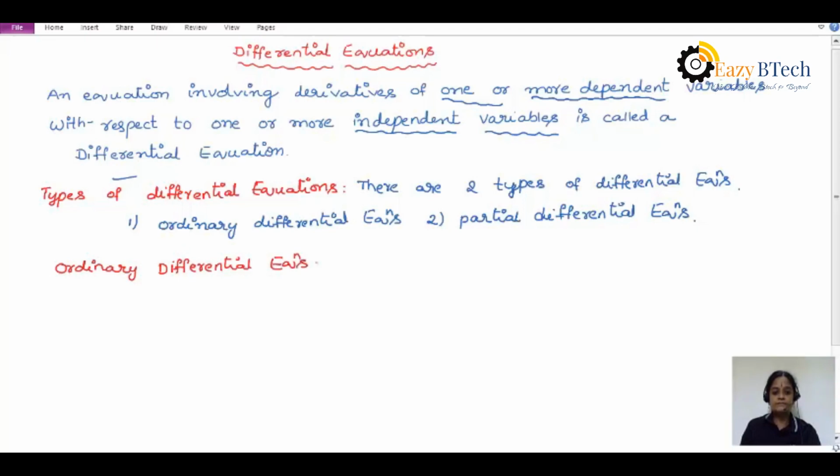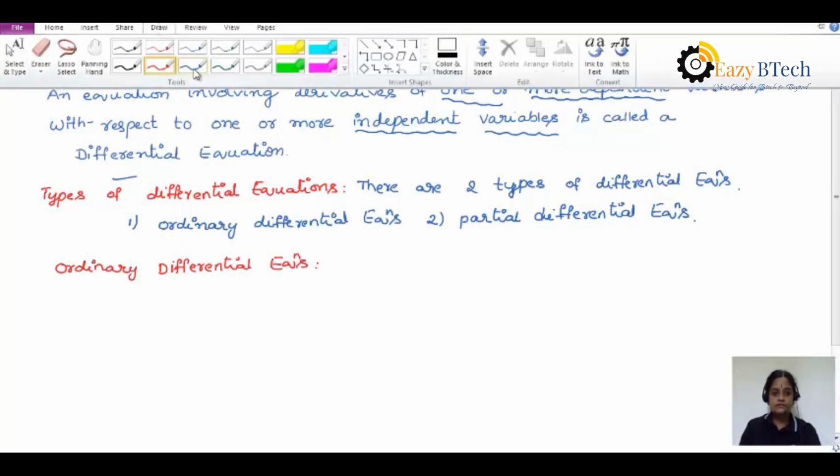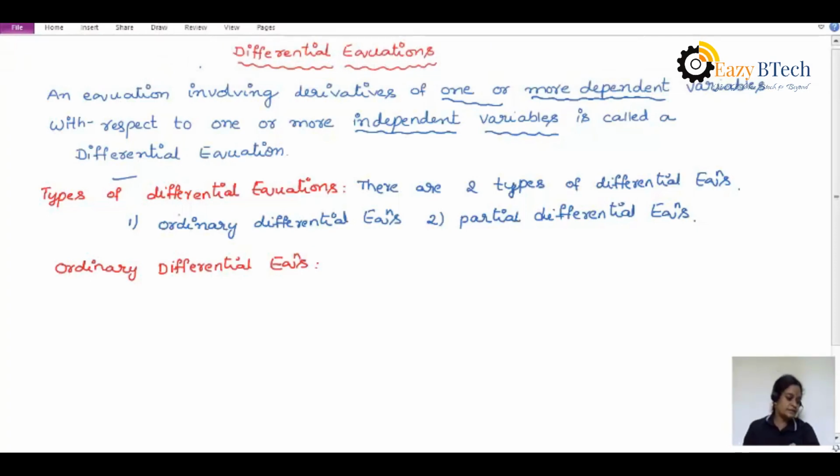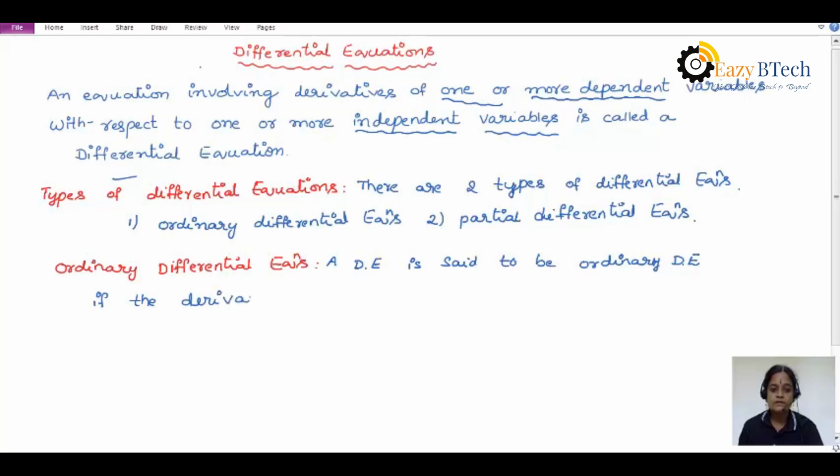The definition of ordinary differential equation is that a differential equation is said to be an ordinary differential equation if the derivatives are ordinary.